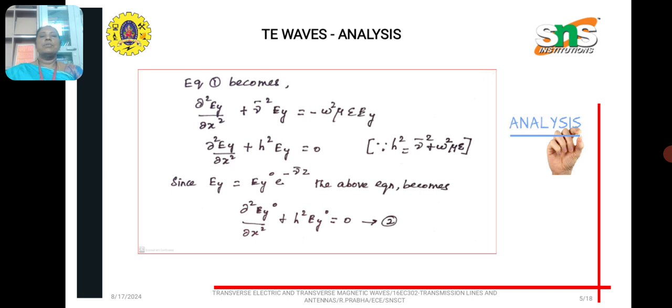This Ey field is taken as Ey0 e power minus gamma z. Here Ey0 is the magnitude of the electric field and e power minus gamma z is the phase value. Substituting, we get dou squared Ey0 by dou x squared plus h squared Ey0 equal to 0.